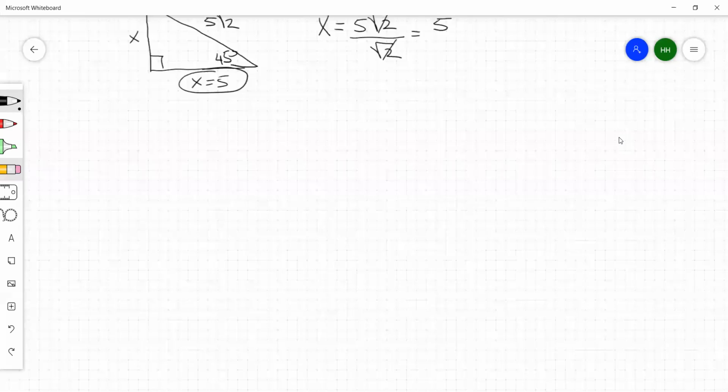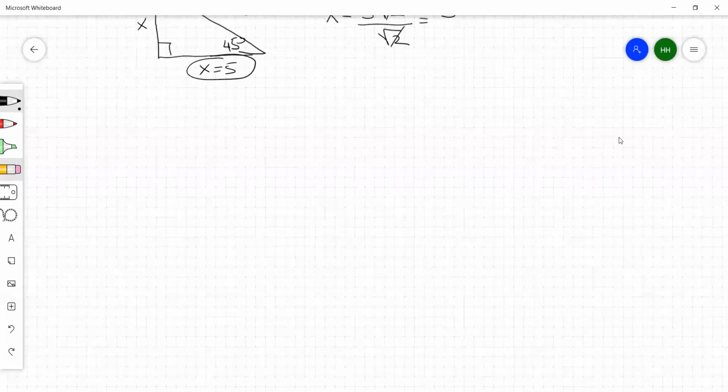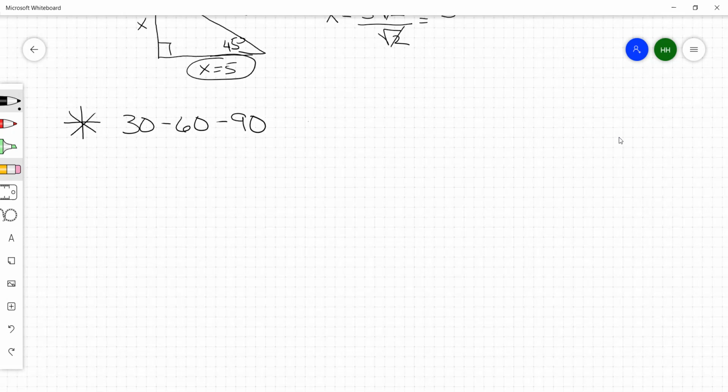All right. So let's do this. 30, 60, 90 right triangle rules.